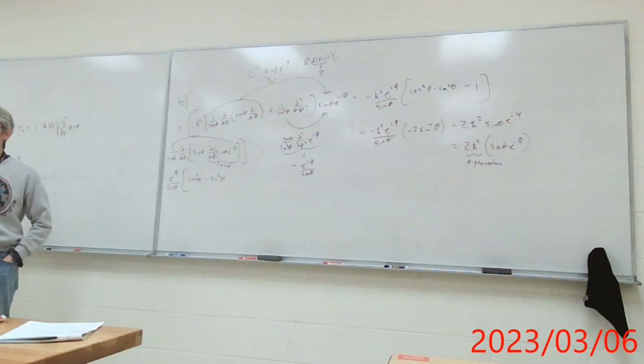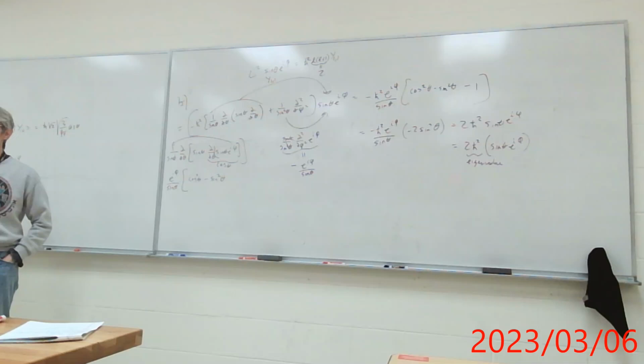And then we've got d by d theta of sine theta, which is cosine theta times cosine theta, plus d by d theta of cosine theta times sine theta, which is minus sine theta. So far, so good? I think so.